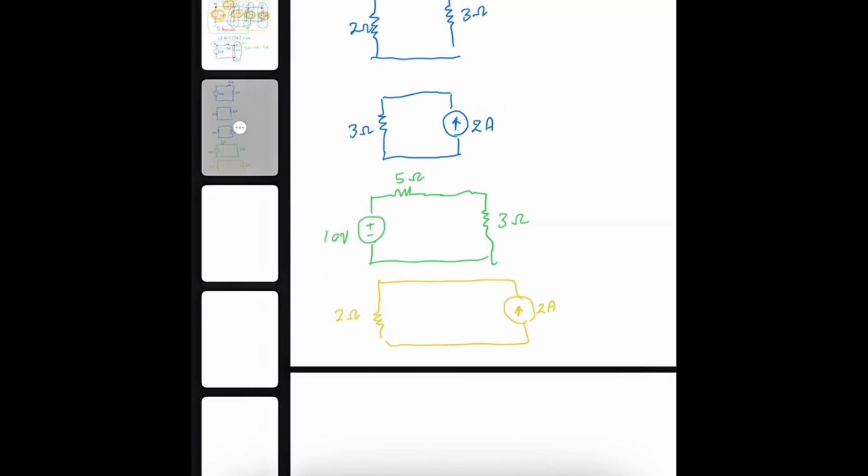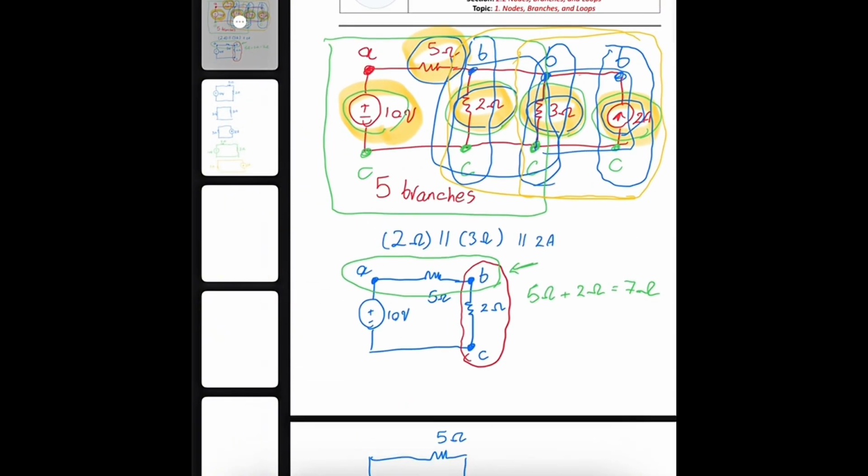Or finally, we can see the whole circuit as a closed loop, which includes 10 volt.